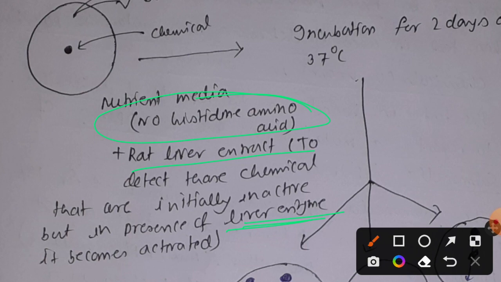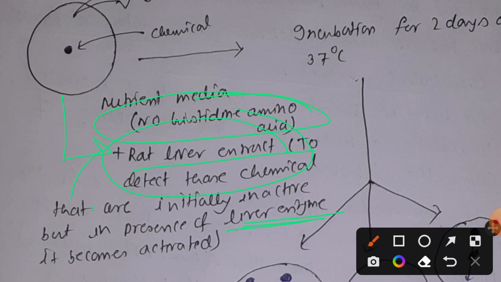So those kinds of molecules cannot be detected until we provide the same environment that our liver provides. Now we cannot use human liver for that purpose, right? It is unethical, and that is why instead of human liver we are using rat liver extract.